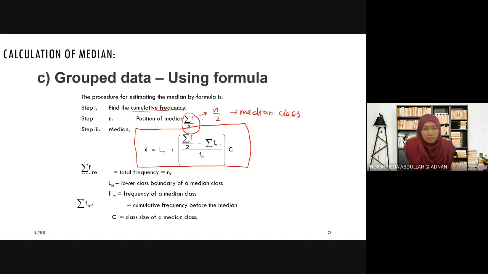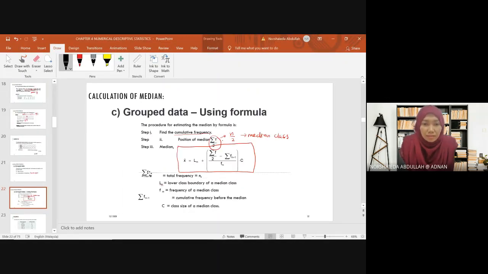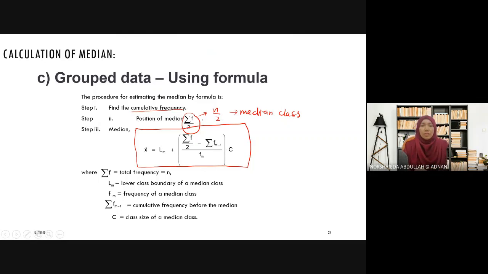The values that we need to calculate the median using the formula come from this formula. The value that we need is LM, which is the lower boundary of the median class.